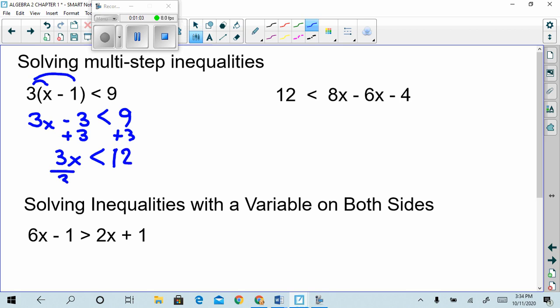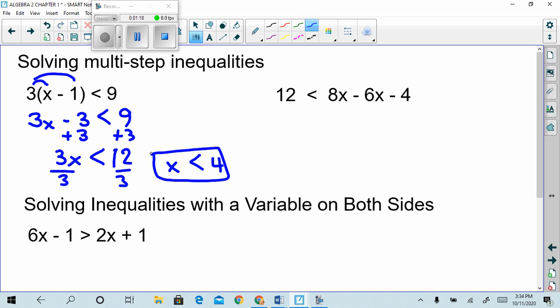We'll divide by 3. And our solution is all real numbers of x that are less than 4. It does not include 4, just all numbers less than 4.